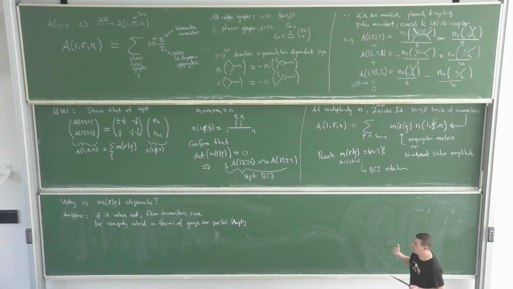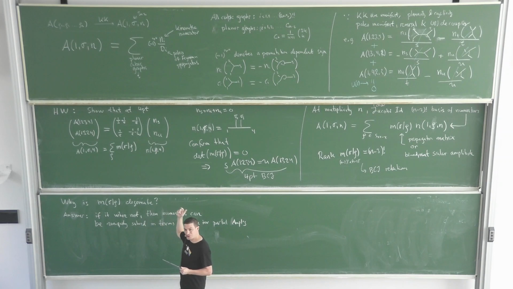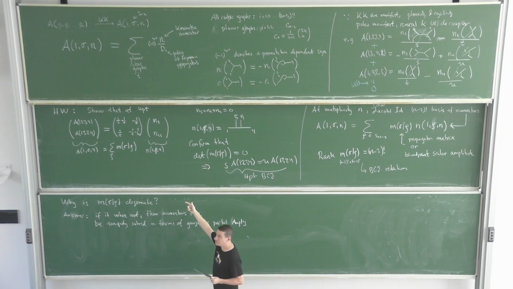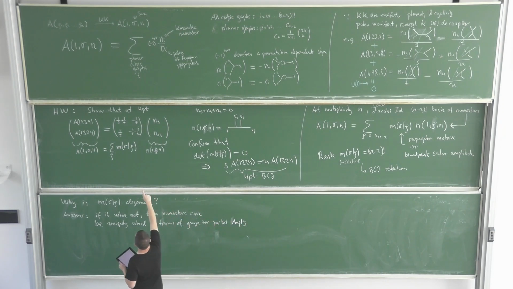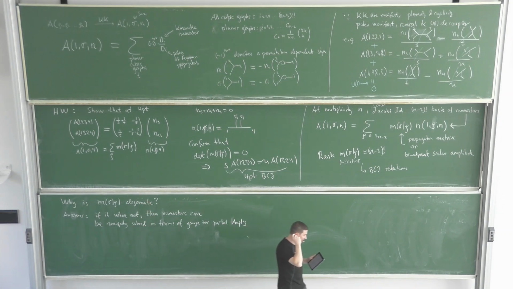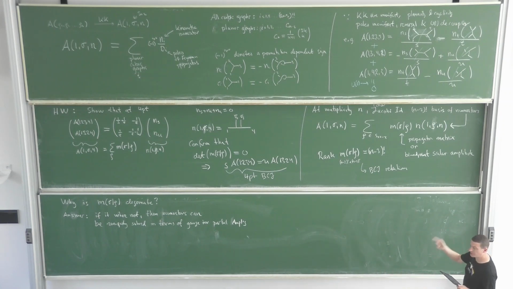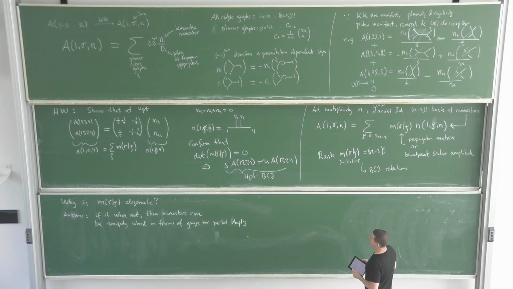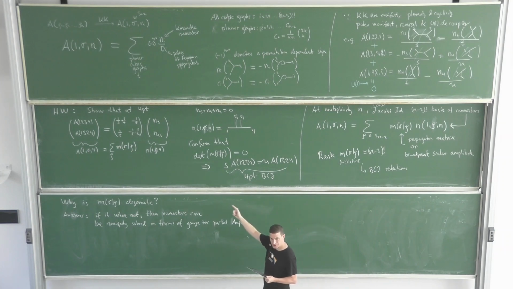So first you put your color factors in a basis to get your partial amplitudes. Then you put your numerator factors in a basis, and you can pick it to be the same basis. That way you get a symmetric matrix. My matrix is almost symmetric. There's a minus sign, but there are some minus signs floating around, unfortunately. You can do the same reductions for the numerators as the color factors, and then you go down to the (n minus 2) factorial basis, and then you get a square matrix.